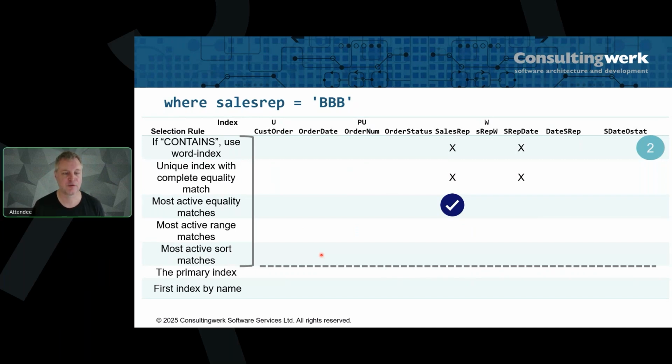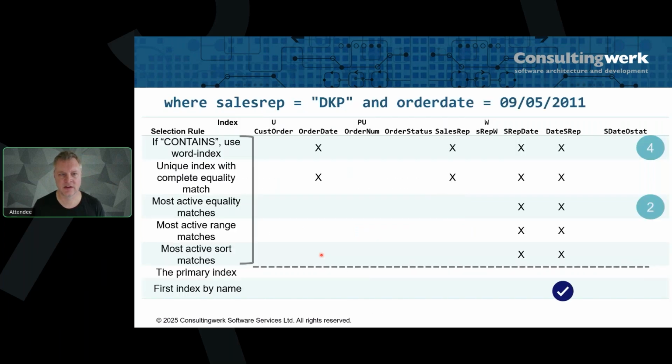So if you do FOR customer where sales rep is BBB, you're probably going to get an index. You're going to get one record. You're not going to get a not available or a violation. FOR FIRST will bring the first customer, right? It will use the same index criteria.